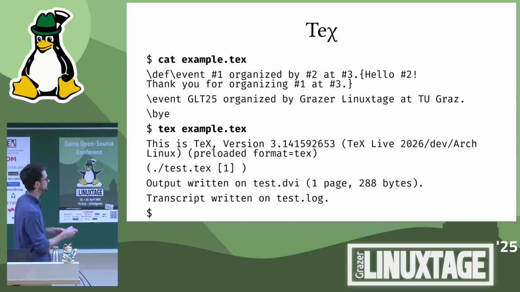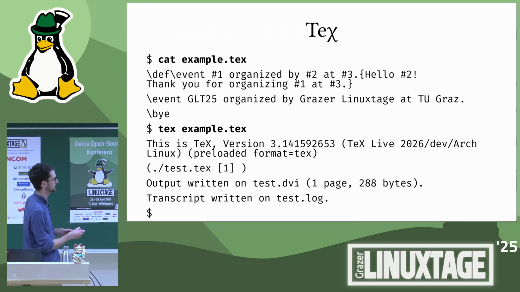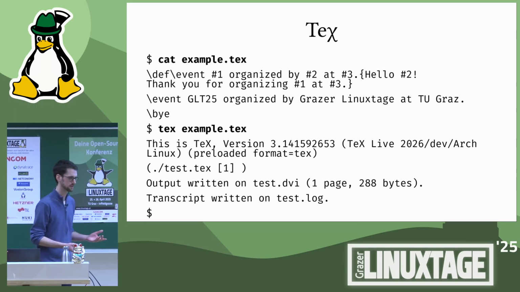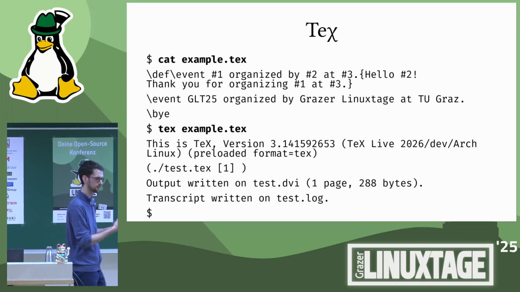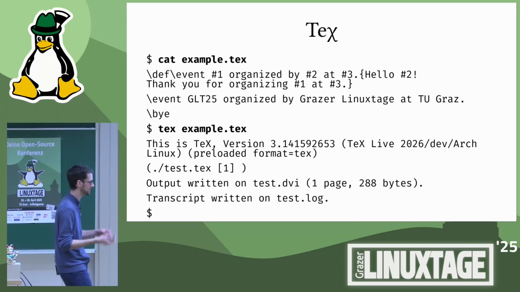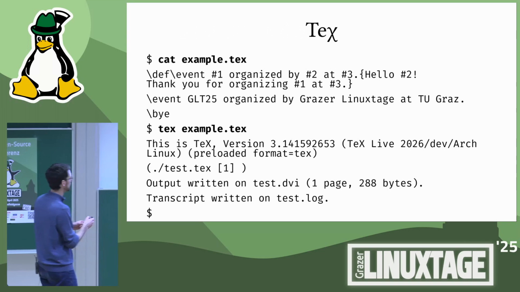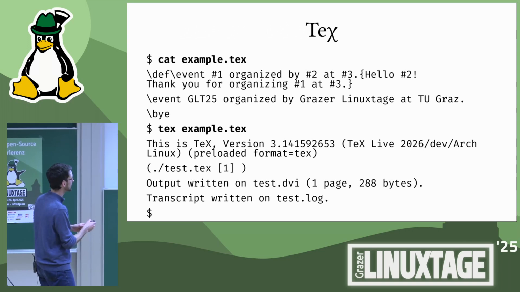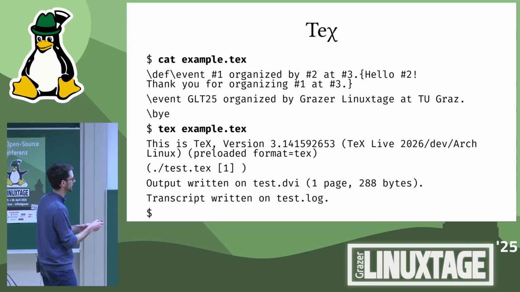Just to introduce a different example, we have \def\event. This is kind of pattern matching. So if you define these macros, it actually applies some sophisticated pattern matching. We can see it here, \event, then some placeholder, organized by is really required, placeholder at placeholder dot.